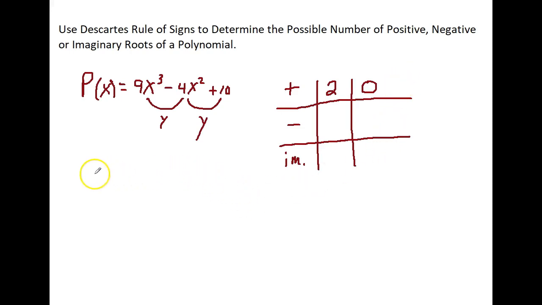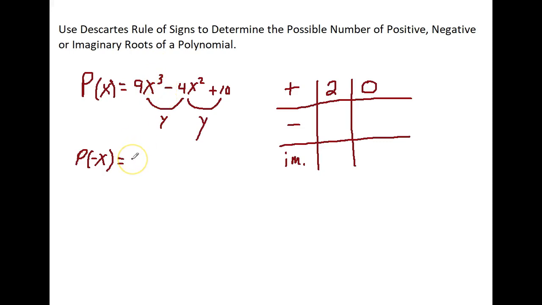Now, to determine the number of negatives, we have to replace all x's. We find p of negative x. So what does that do? Well, in place of every x, you plug in negative x. All it does is change the sign of the terms that have an odd degree.